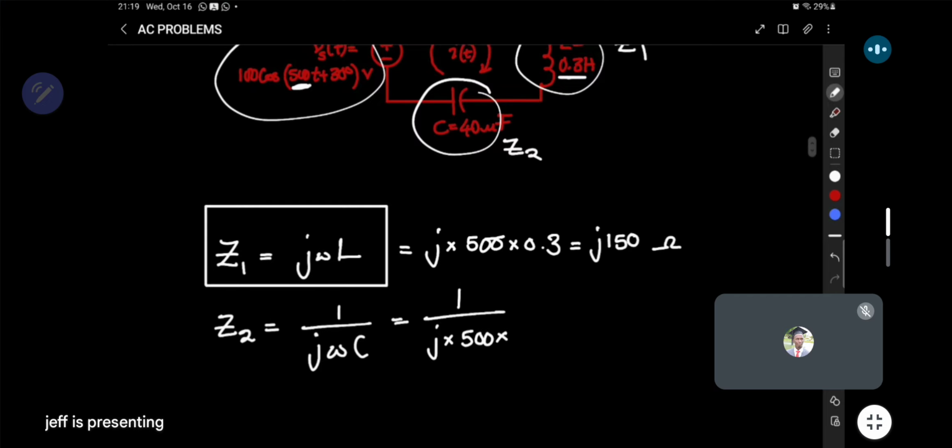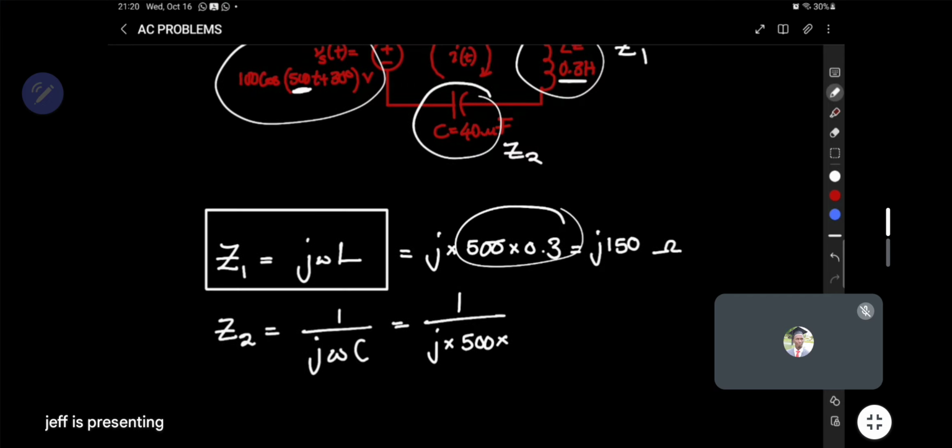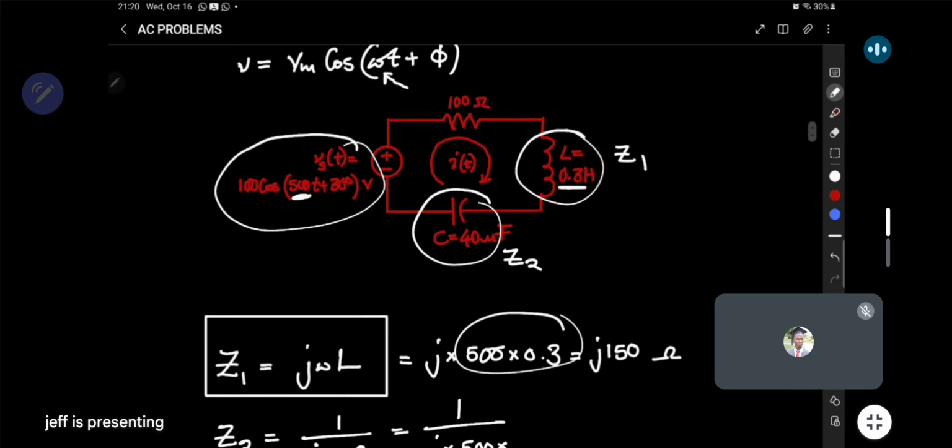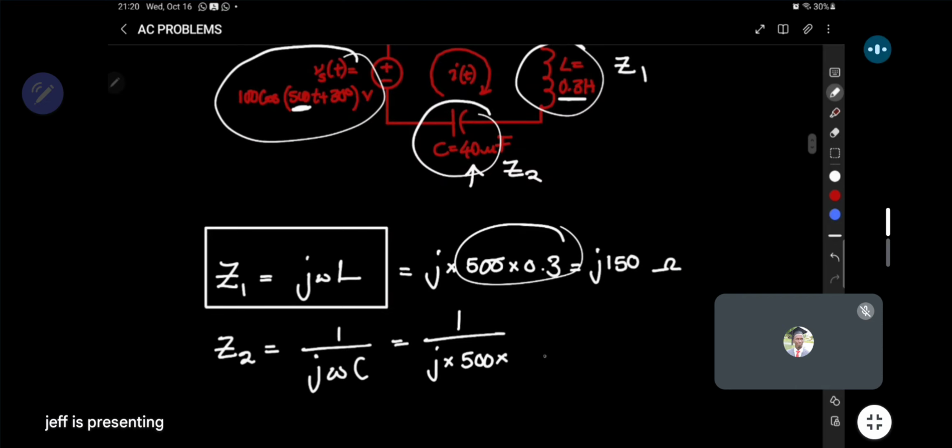Okay, so from here, capacitance, what we have is 40 microfarads there. So microfarads, we want it in farads, not micro. So 40 microfarads, this is the same as 40. In place of the micro, we'll put by 10 to the power minus 6 there, and farads.